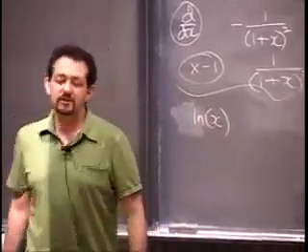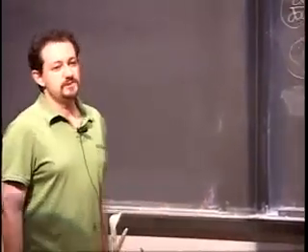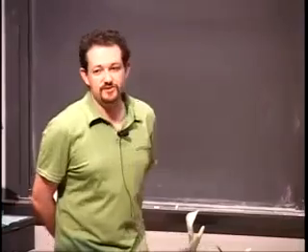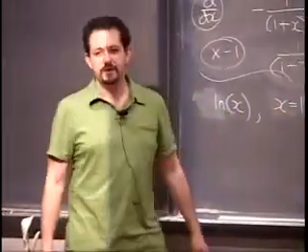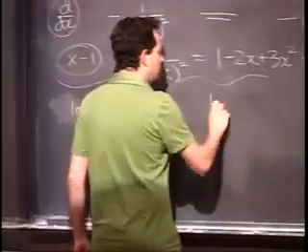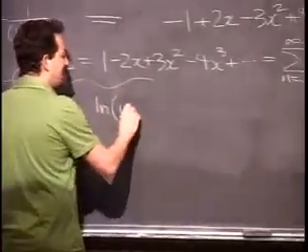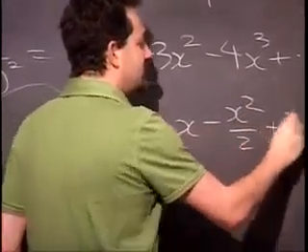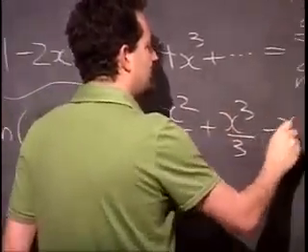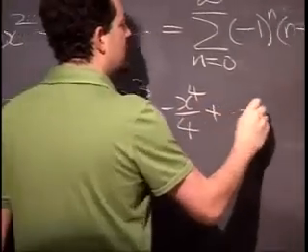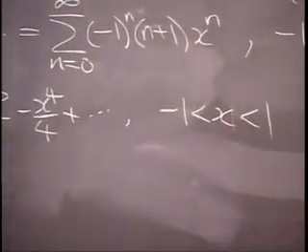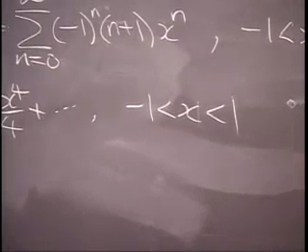Now, the thing about log x is that it is not defined at 0, so you can't find a Maclaurin series for log x. But suppose that you were asked for a series for log x about x equals 1. Well, if you start off with log of 1 plus x equals x minus x squared over 2 plus x cubed over 3 minus x to the 4th over 4, and so on, which is valid, as we've seen, for x between minus 1 and 1, also at x equals 1, but let's not get bogged down in that detail.